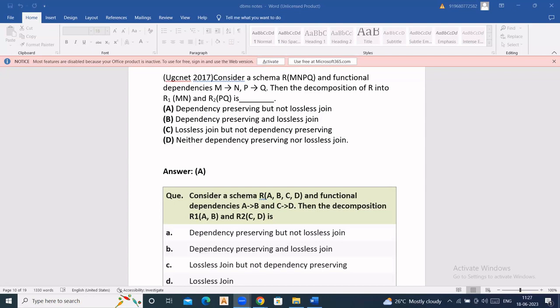Option second. Ma'am, it is dependency preserving. Yes, it's clearly visible. R1 A2 A tends to be CD, CD.